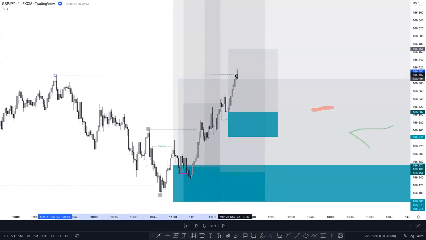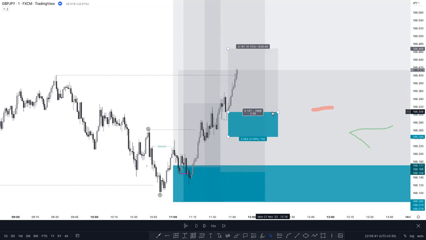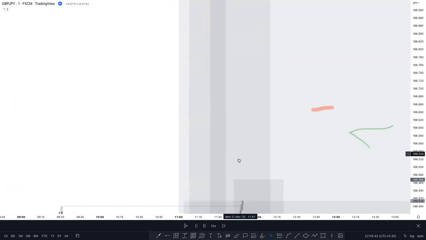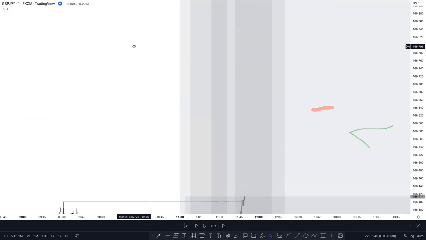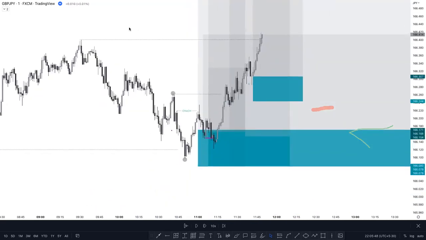Okay, so now you can see this high is taken out and you can put the stop loss on the break-even point. Okay, and the main target is here. All previous stop losses are not changed, but you can take a partial here.